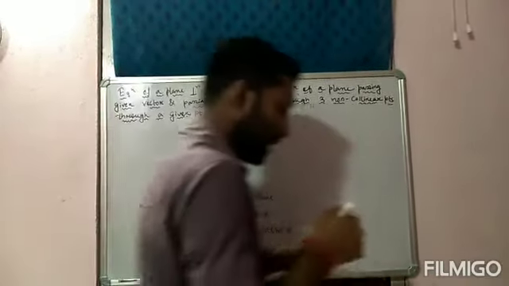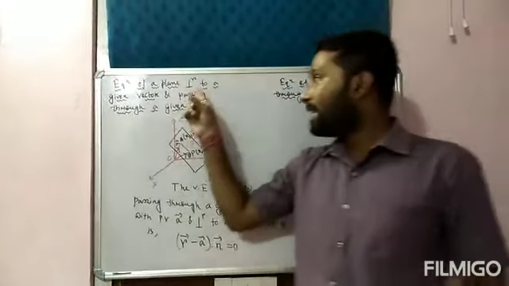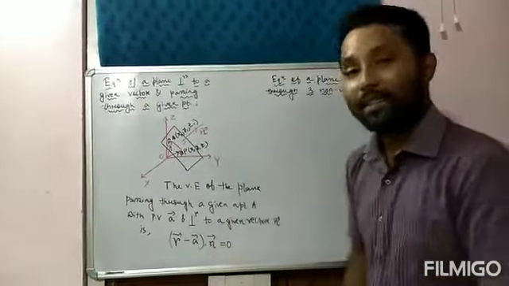This is the vector equation of a plane perpendicular to a given vector and passing through a given point.